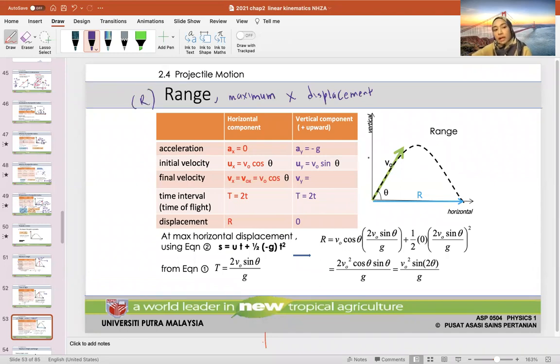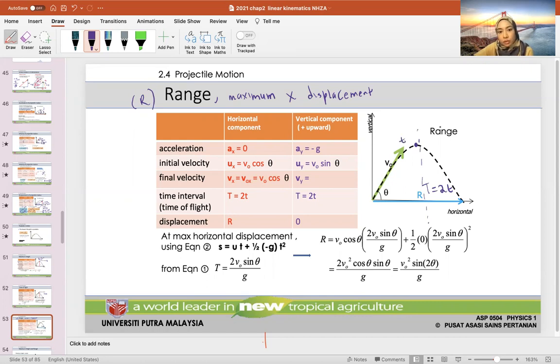So you have maximum height, which is y-axis. You have the maximum x displacement known as range or capital R. The time taken to reach the maximum x displacement is T equals to 2t. The time taken to reach the maximum height is t.